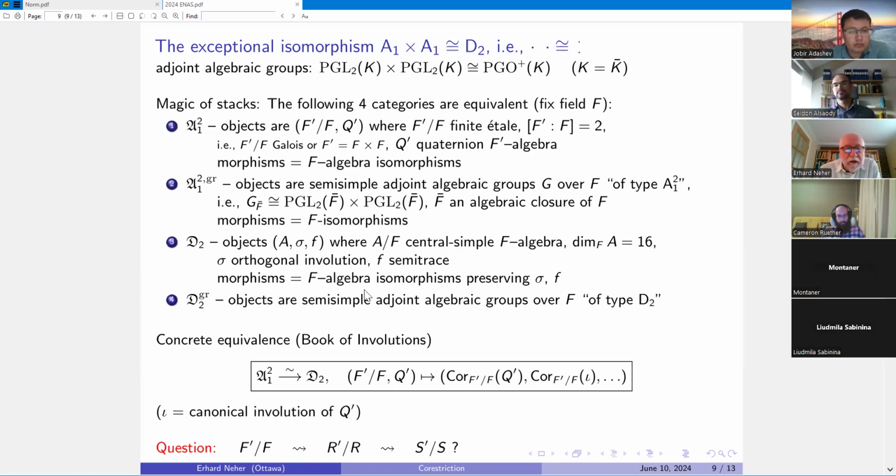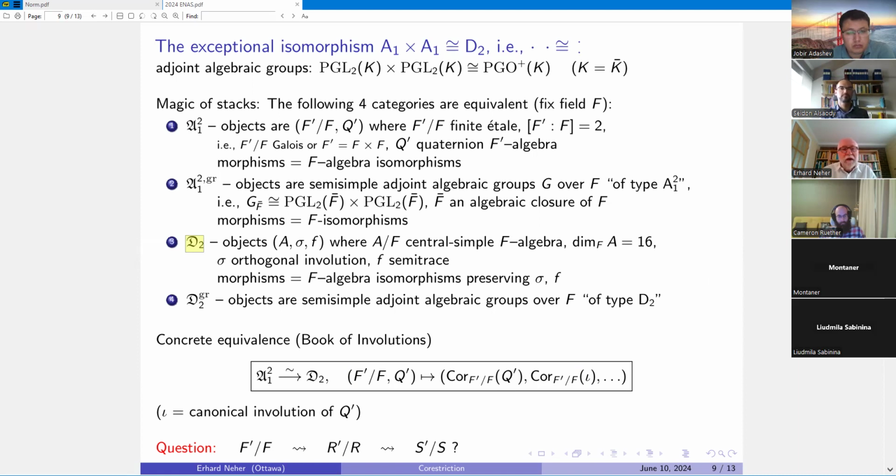There exist well-defined notions of semi-simple adjoint algebraic groups of type D2 over a scheme. And it's equally true that you can easily imagine the scheme version of our categories A1 upper 2 and D2. So these categories exist over schemes.